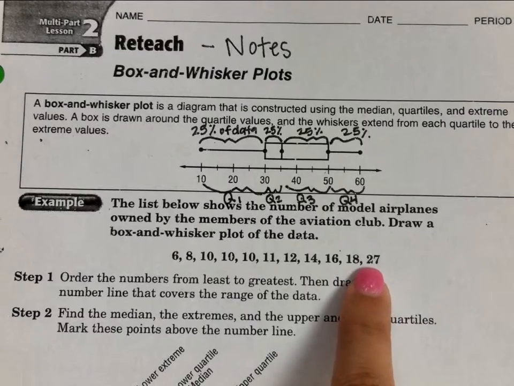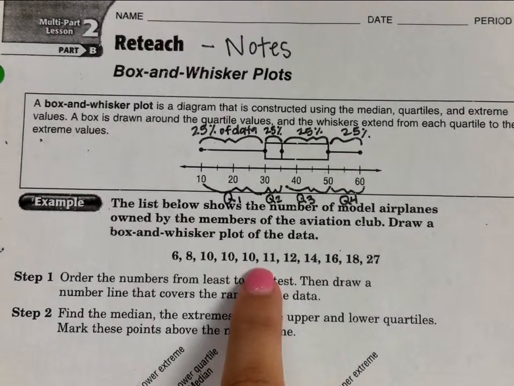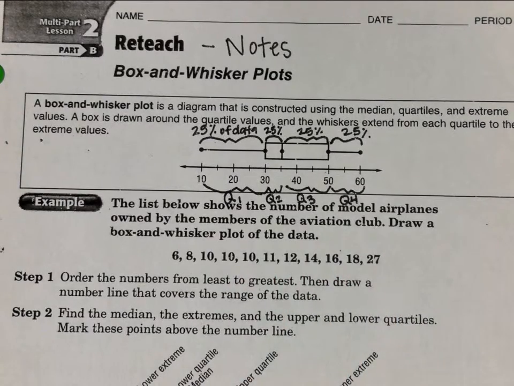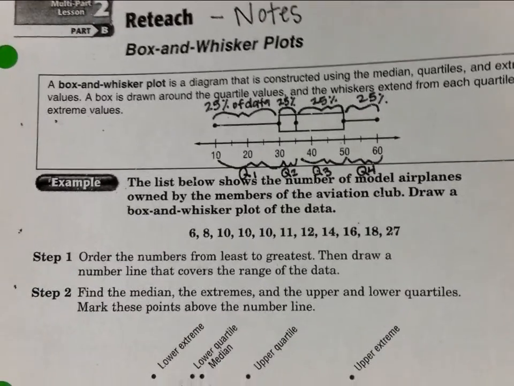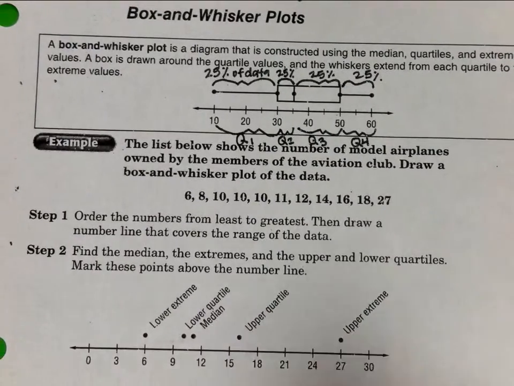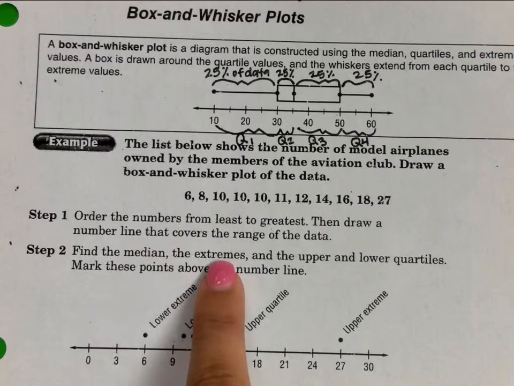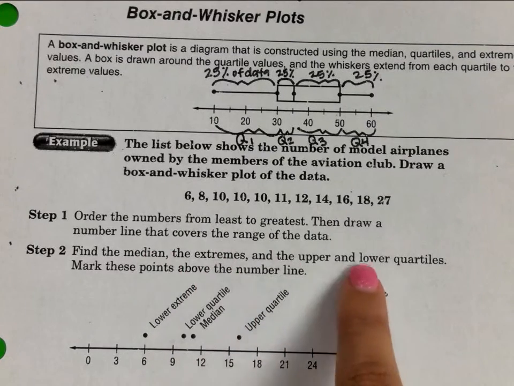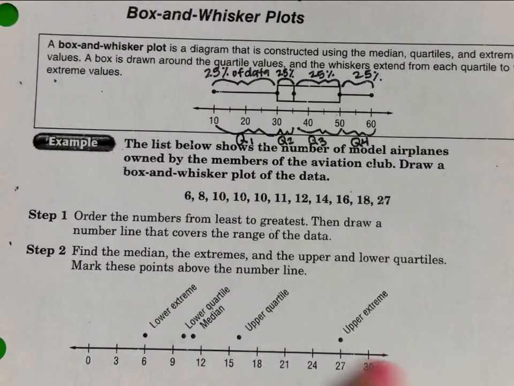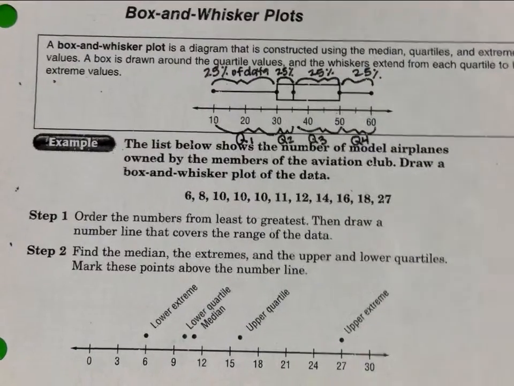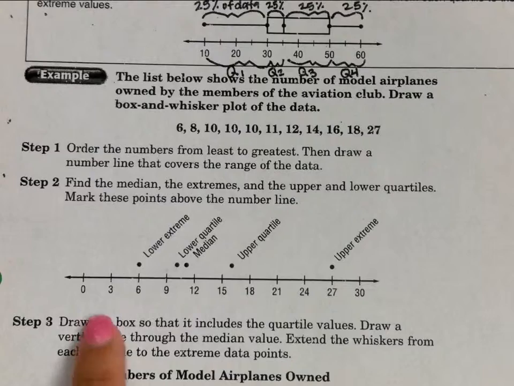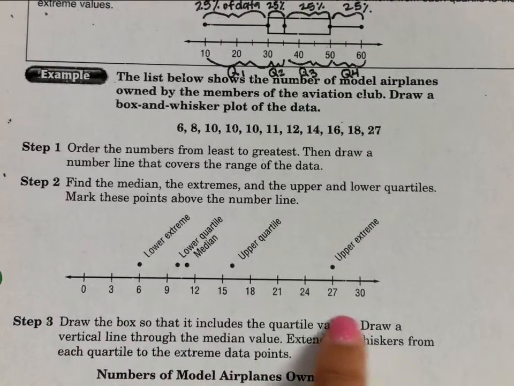So of course, if you are given your set of data like this and asked to draw a box and whisker plot, what's the very first thing I've got to do with those numbers? Put them in order from least to greatest, okay? From then, you can find your median and your lower and upper extreme, your upper and lower quartiles, and then all you have to do is plot them on that line, okay? You're not always going to be given your number line, so you've got to figure out what type of scale you want to count by.